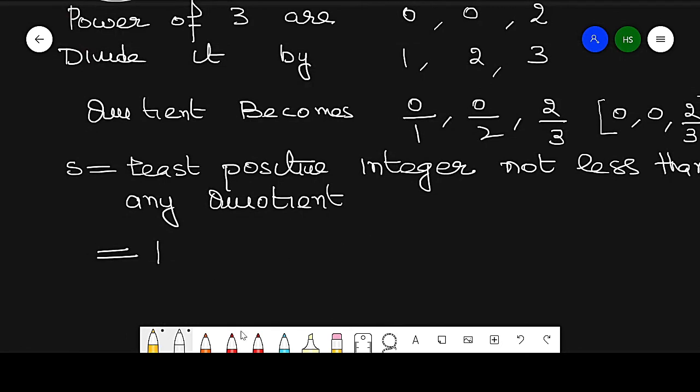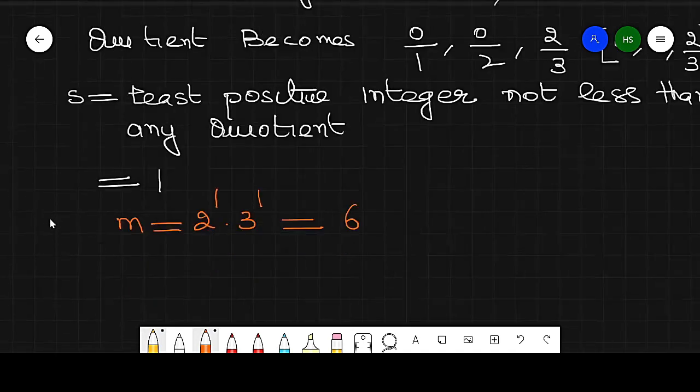So the multiplier m is 2 raised to power 1 into 3 raised to power 1, which is equal to 6. So we get the multiplier, which is 6.